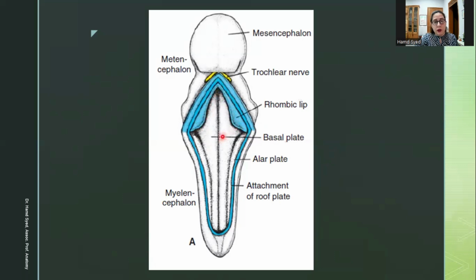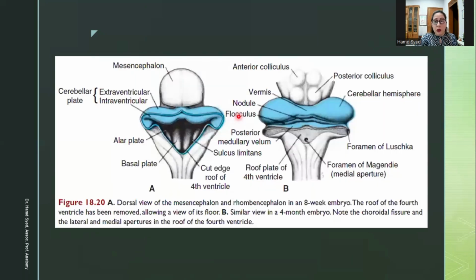And if you look over here in the floor of the fourth ventricle, you can see the basal plates which are present medially, and lateral to the basal plates are the alar plates. And now these rhombic lips, as I told you, are derived from the alar plates. They are going to fuse cephalocaudally, which means in the craniocaudal direction, and they will form this structure now, which is known as the cerebellar plate.